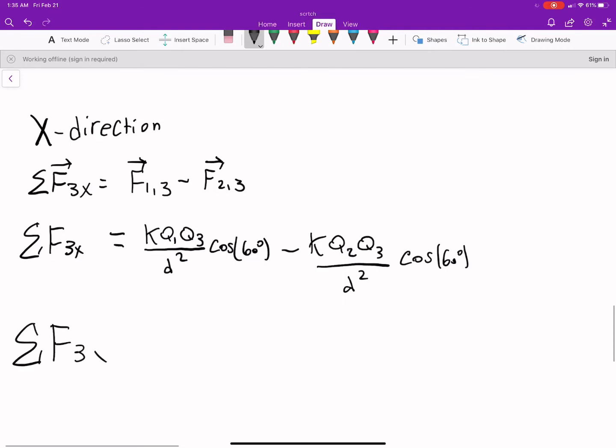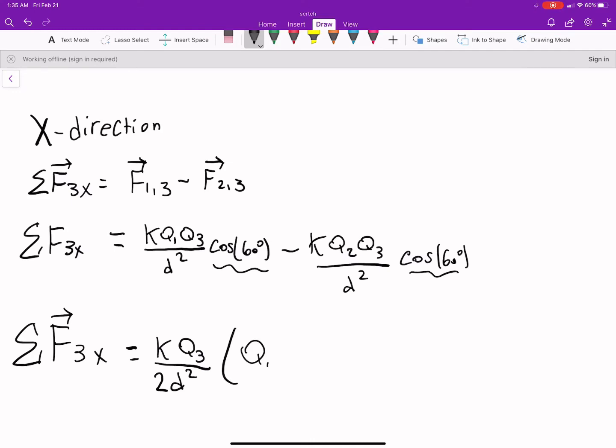So the force of 3 in the x direction, they all have a K, they all have a Q3, they all have a D squared, cosine of 60, so cosine of 60 is 1/2. Hopefully I didn't get that one wrong this time. So this is 1/2, this is 1/2, I'll factor that out. And we're left with just Q1 plus Q2.